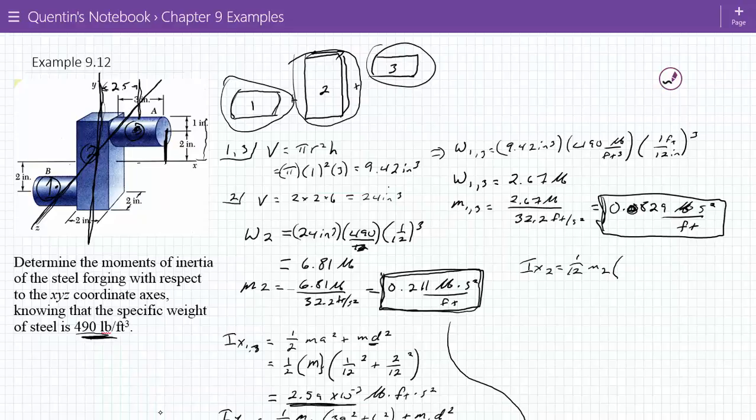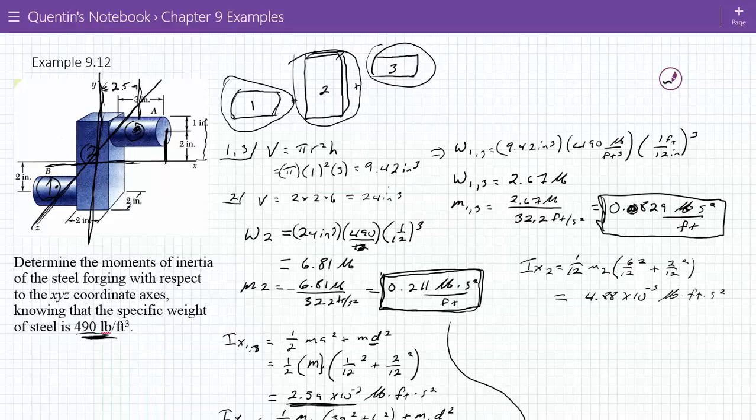Well, the two distances relative to this x-axis are how tall it is, which is 6/12 squared, and relative to the z-axis, which is 2/12 squared. So this gives you a number of 4.88 times 10 to the minus third, and that's pound foot second squared.